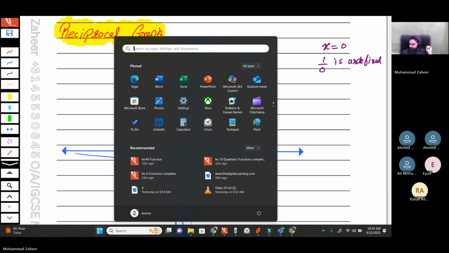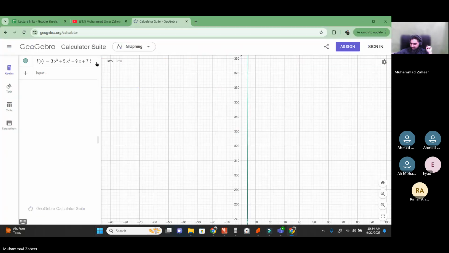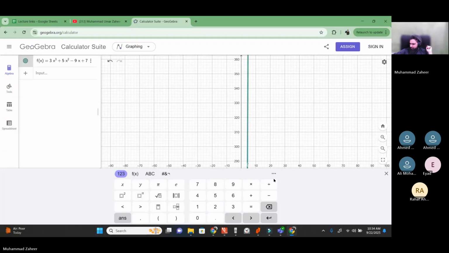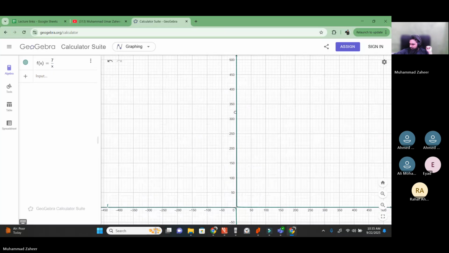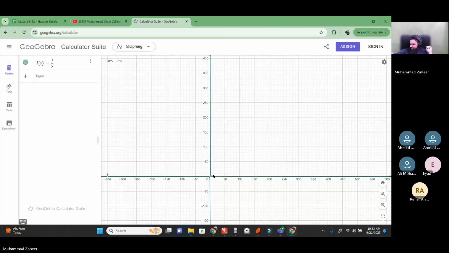Let's check it. For example, take 7 divided by x. Look at here.